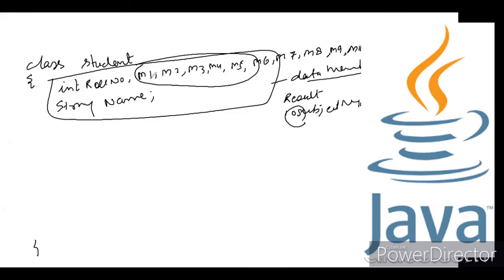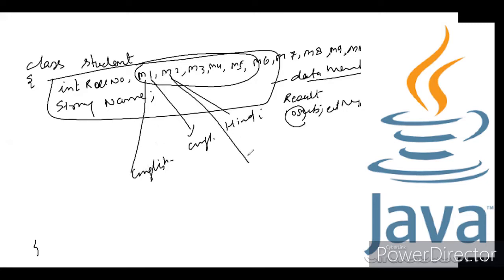As the convention says, if you declare any variable, it should have a meaningful variable name. But in this, we are using M1, M2, M3, M4. Suppose in M1, I inputted English marks. In M2, I inputted Hindi marks, and so on. There are many subjects, so nobody can understand what M1 belongs to and what M2 belongs to. If I take the name as English, then it will be better, or for M2, Hindi marks.